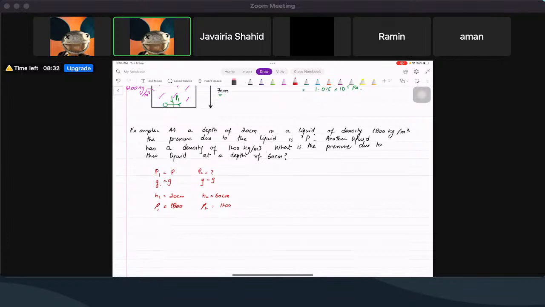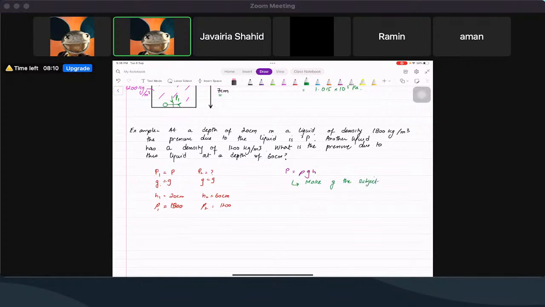Now, in these sort of questions which basically require a ratio, always remember that when you write the equation, which is pressure equals to rho gh, check which is the common quantity. So in this one, g is the common quantity. So what you're going to do is you're going to make g the subject.